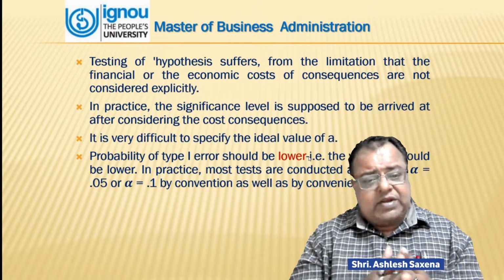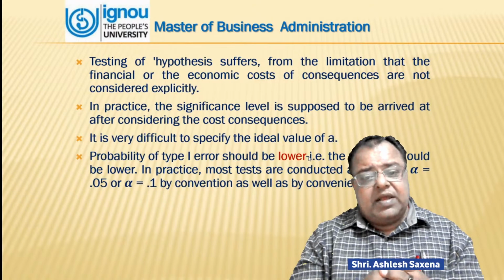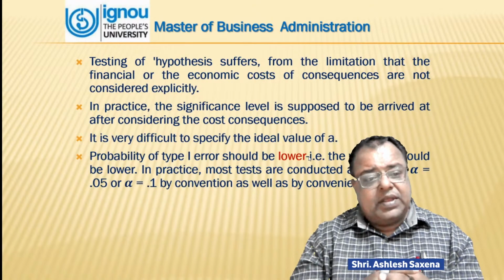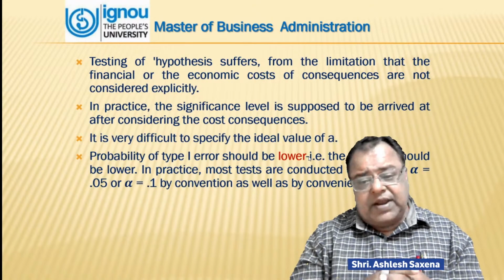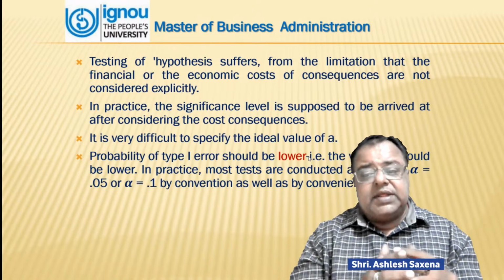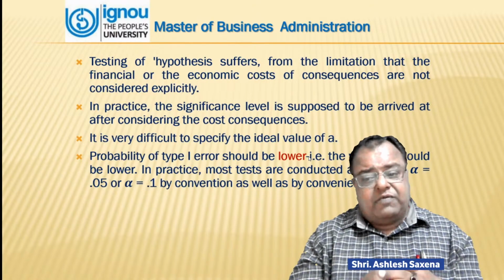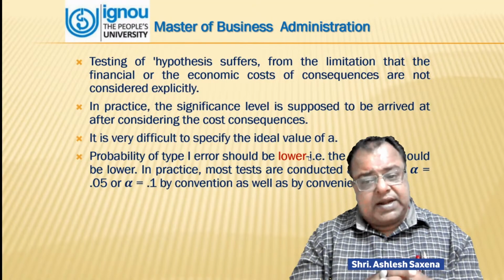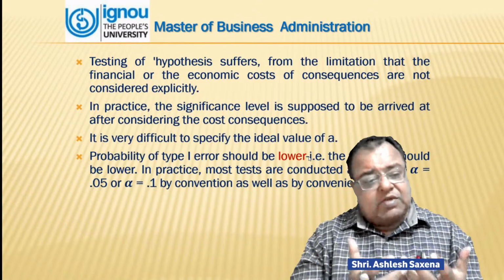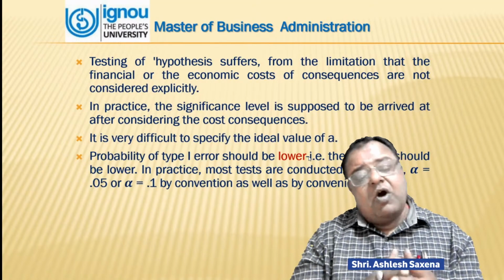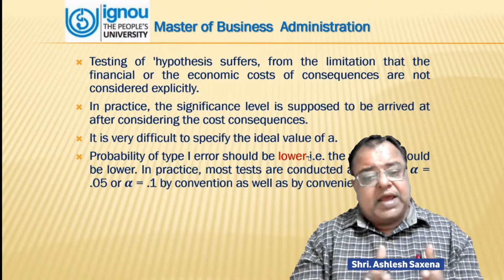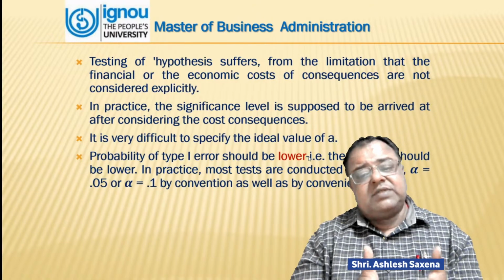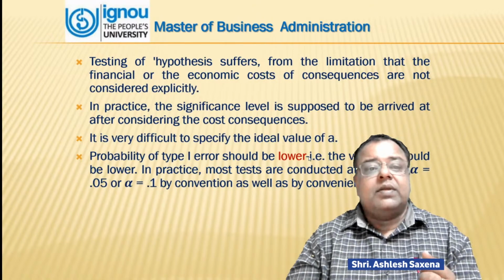It is very difficult to specify the ideal value of alpha. Probability of type 1 error should be low. That is, the value of alpha should be lower. In practice, most tests are conducted at alpha equal to 0.01, alpha equal to 0.05, or alpha equal to 0.1 by convention as well as by experience.